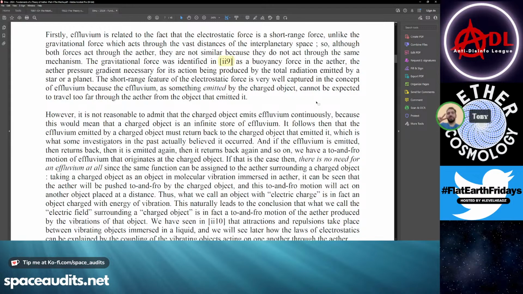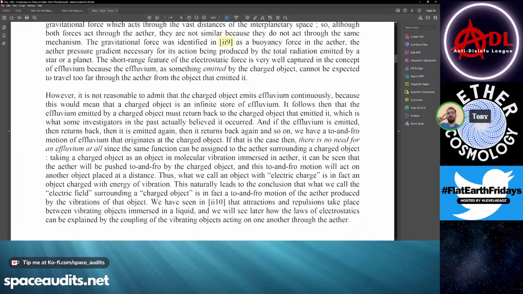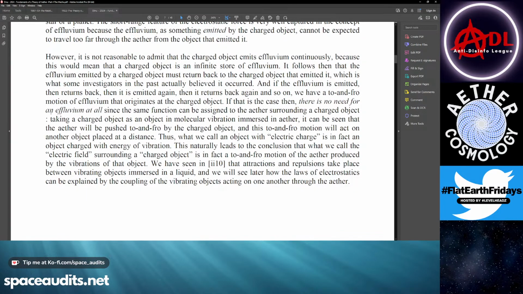planet. The short range feature of the electrostatic force is very well captured in the concept of effluvium because the effluvium, as something emitted by the charged object, cannot be expected to travel too far through the ether from the object that emitted it. However, it is not reasonable to admit that the charged object emits effluvium continuously, because this would mean that a charged object is an infinite store of effluvium.